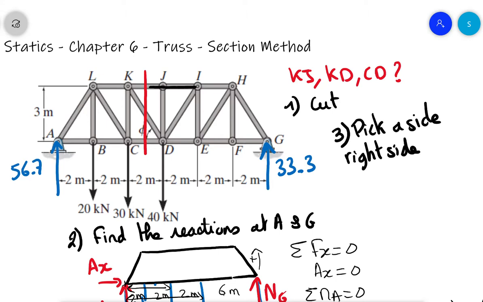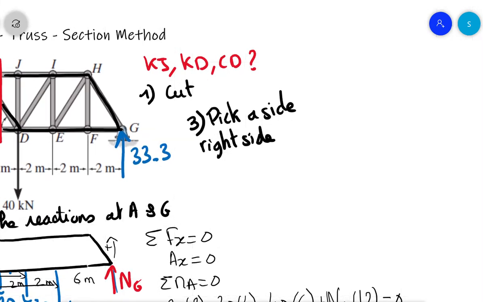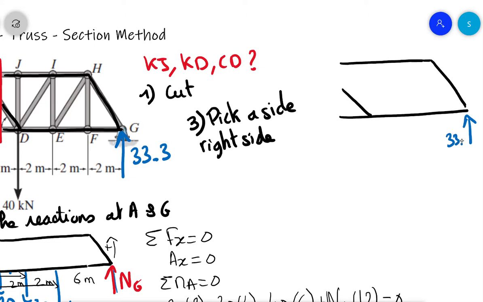So the free body diagram will include this, this, this, and this one there. Let's draw the free body diagram of the right side. Let me add the 33.3 at the bottom, and at point D, we also have the 40.